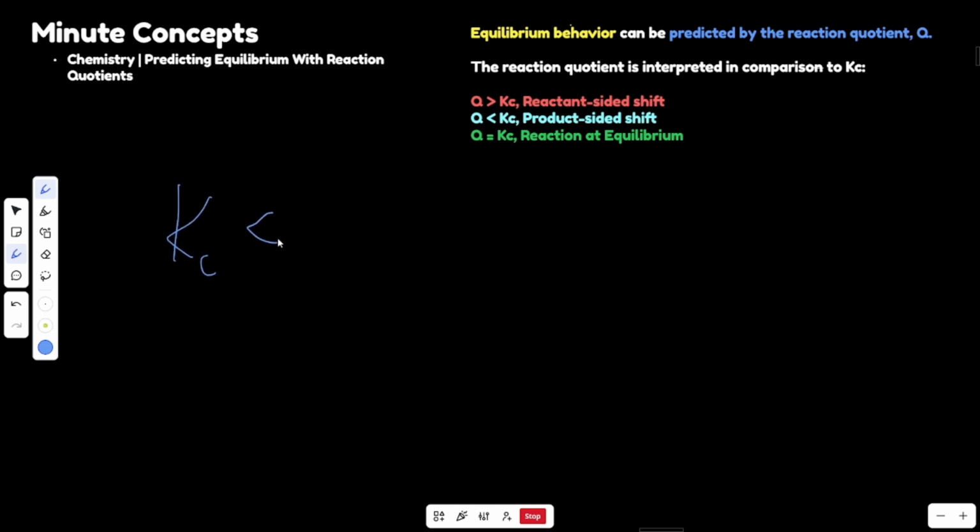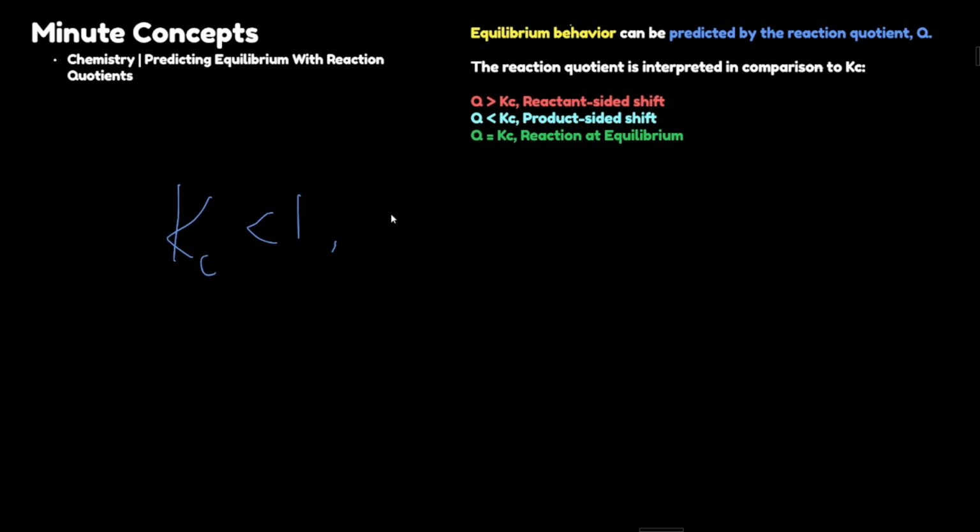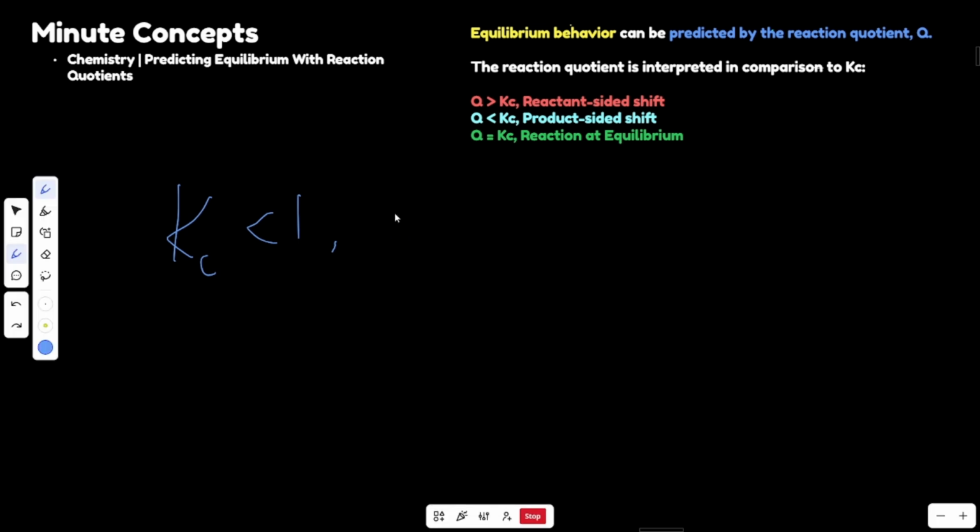So when Kc is less than 1, if we recall, this means that the reaction has more reactants at equilibrium. Now this could also be interpreted as reactant sided.